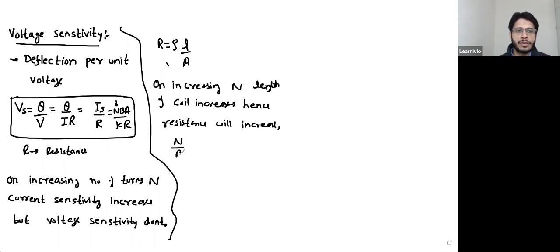N by R will remain constant. So on increasing the number of turns in the coil, the length of the coil increases, resistance will increase, but N by R remains constant. So Vs does not change.